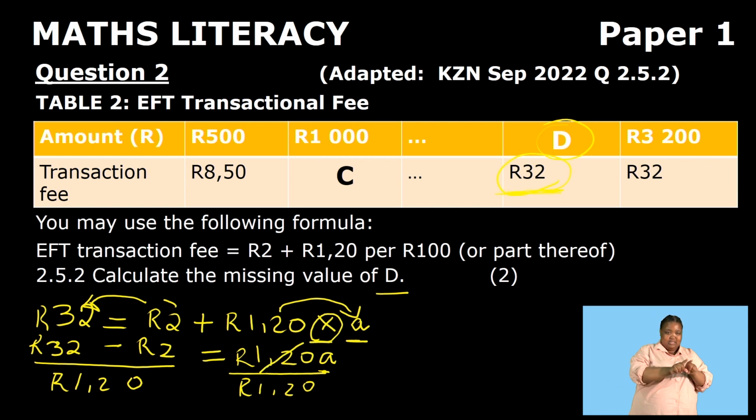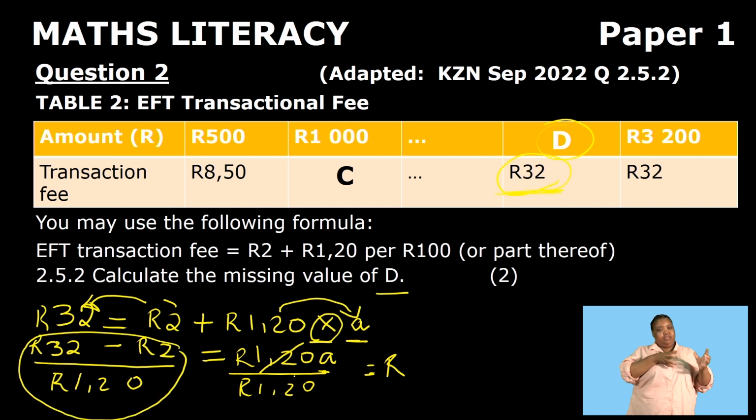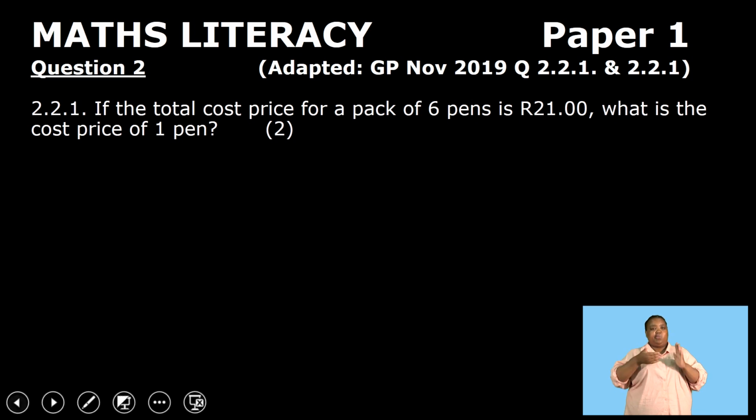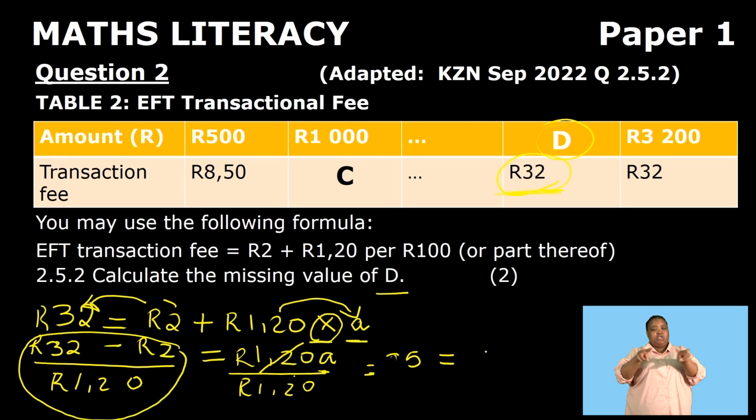Then 1.20 will divide 1.20, and then on this side, your left hand side, you will have 32 minus 2 Rand, all being divided by 1 Rand 20, and this will give you 25. So 25 will be represented by your value of A.